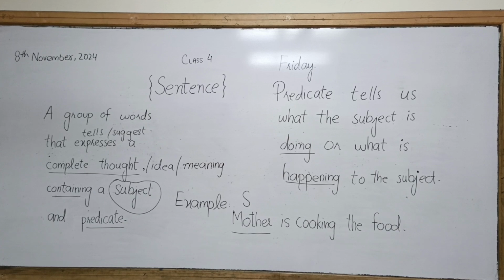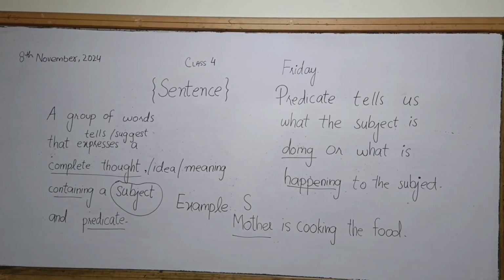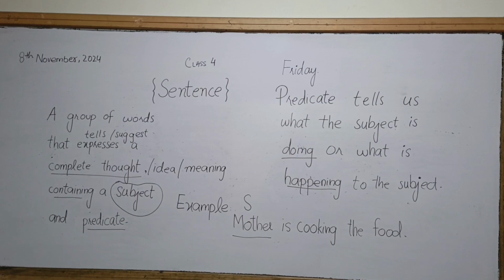Okay. So we have come to know that mother is the subject in this sentence. The remaining part of the sentence is the predicate. From "is cooking the food", containing the helping verb and the verb, the whole remaining sentence giving us information about the task mother is doing is the predicate. So come on, let's underline the predicate.